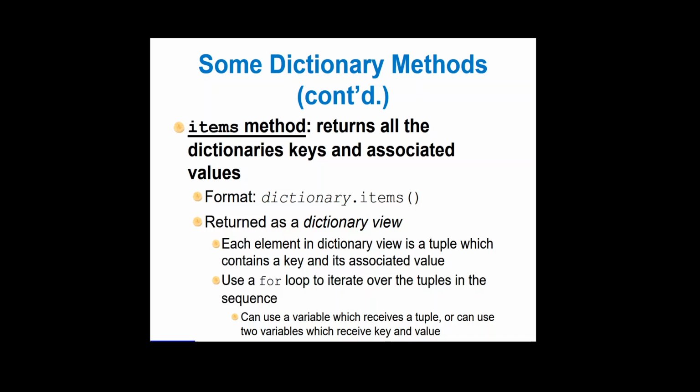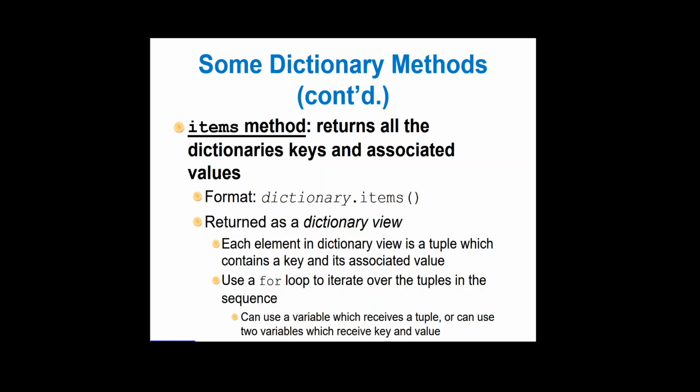Items. If you would like to return all the items of the dictionary in what we call a dictionary view, it is actually a tuple of key and value.